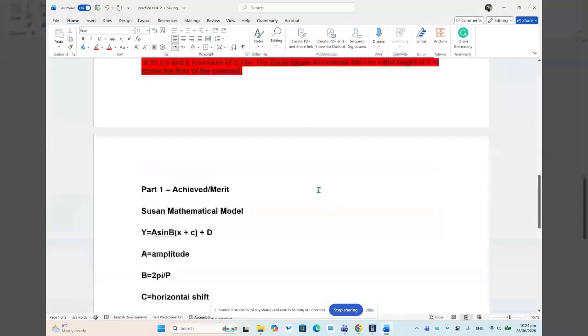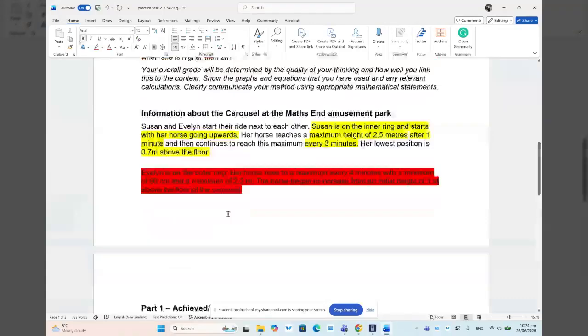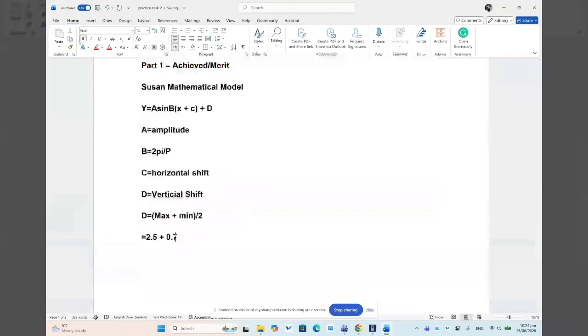The maximum height is 2.5, so the max is 2.5, and the minimum is 0.7, and all of that is divided by 2. So brackets, because we're dividing the whole thing by 2. That's 3.2 divided by 2, which is 1.6. So there's my d value right there.